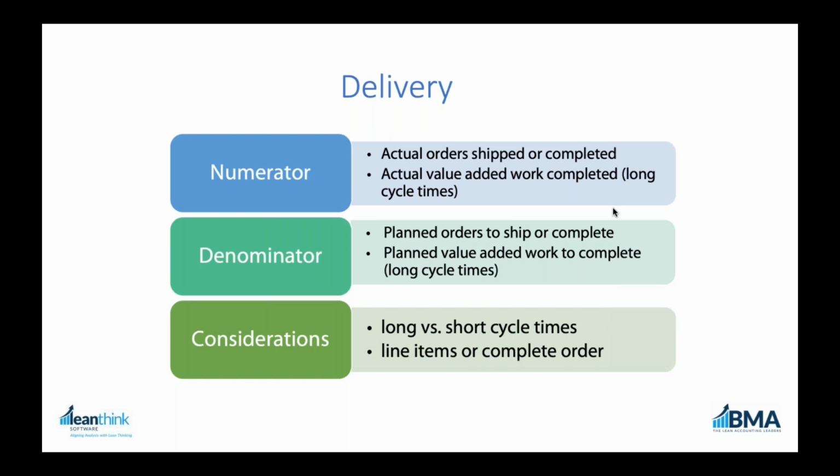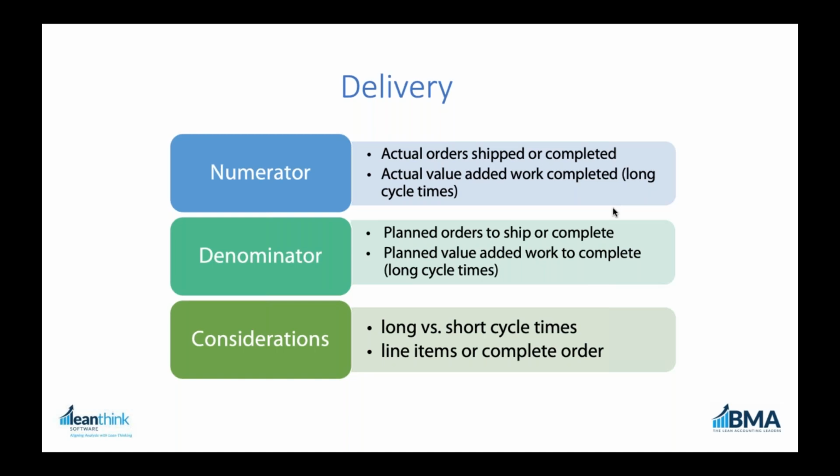Another thing which comes into play is what is an order in manufacturing companies. Sometimes a customer will have an order with many line items in it. So you have to decide, are we going to look at on time by line item or on time by the complete order? And I think that's really important based on what the customer thinks.